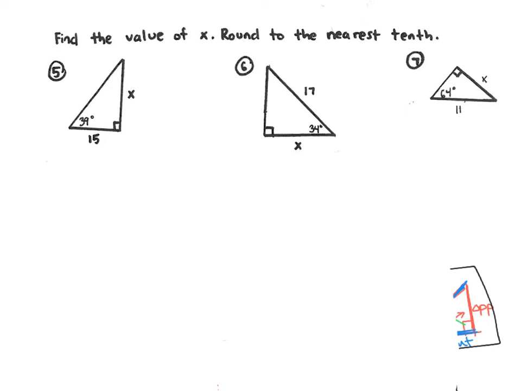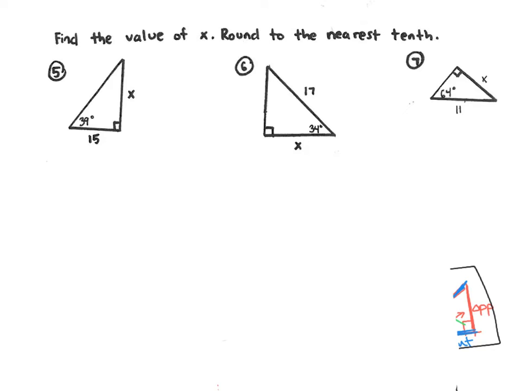It will throw off your answers. I think most phones have an easy thing. It says either rad or deg. Make sure it is set to deg. Every phone's different, but we want degrees, not radians. Not talking about radians. So let's go on to number 5.